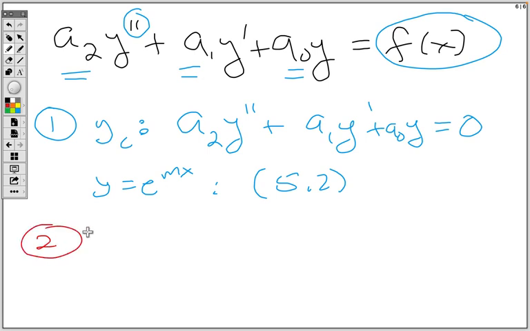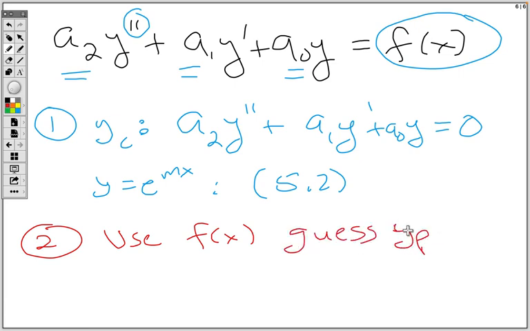And then in part 2, we're going to use f of x to guess yp. All right. Now the f of x needs to be built up of functions like polynomials, exponentials, and sines and cosines.